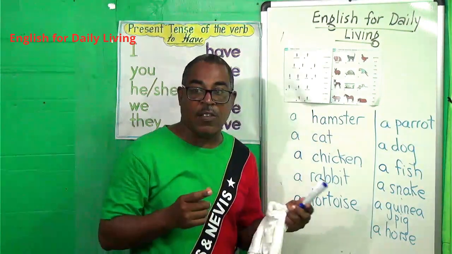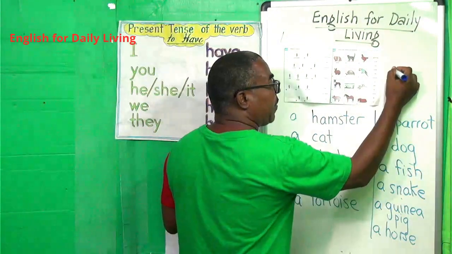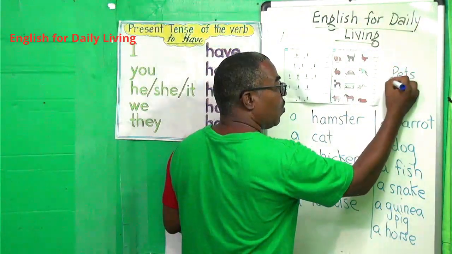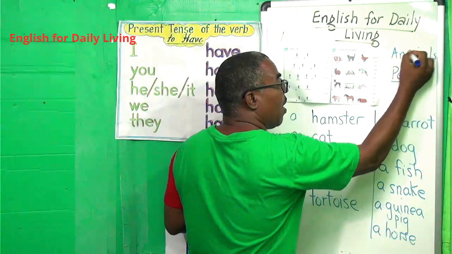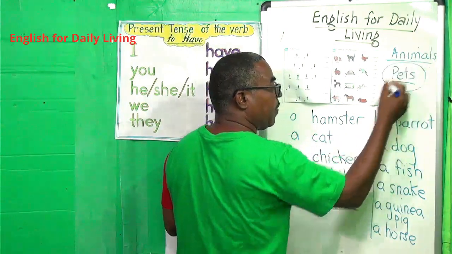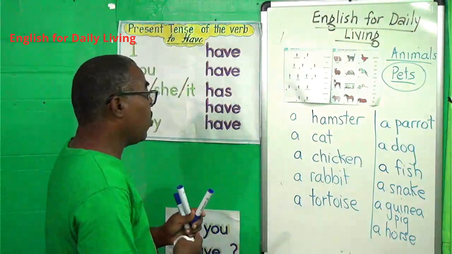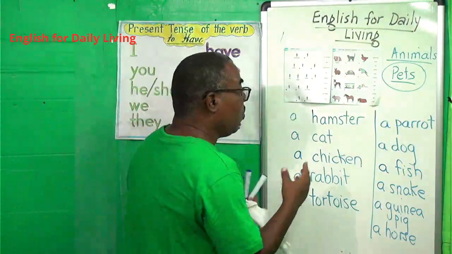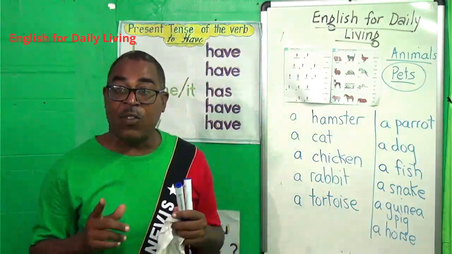So these are some animals. These are what we call pets. Some persons have these animals as pets. Okay, so the question therefore is, as we look at the verb to have, listen to this question.